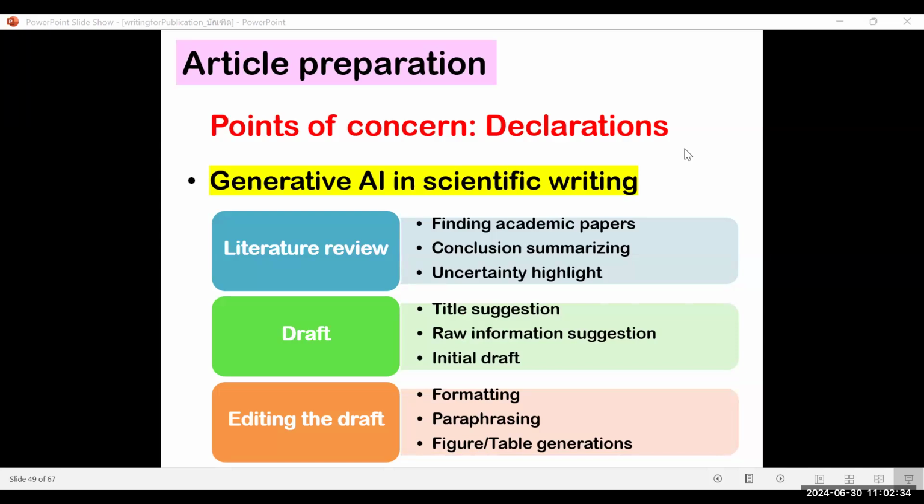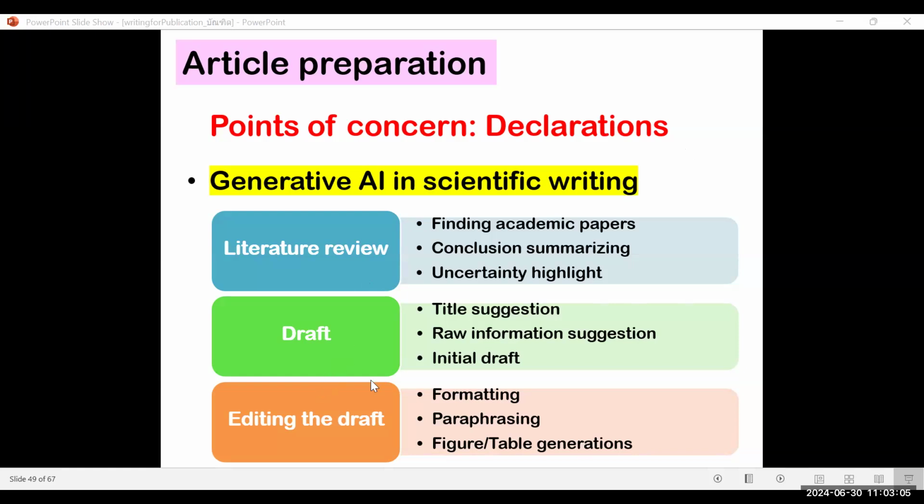If you use that AI, you need to make a declaration. If you use AI to find academic papers, or to summarize the conclusions or highlight points of the journals you have downloaded, or use AI during your literature review.